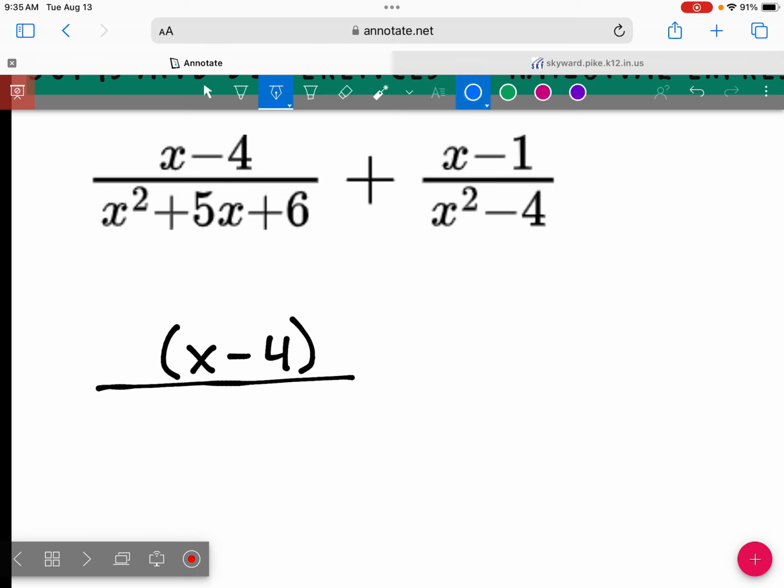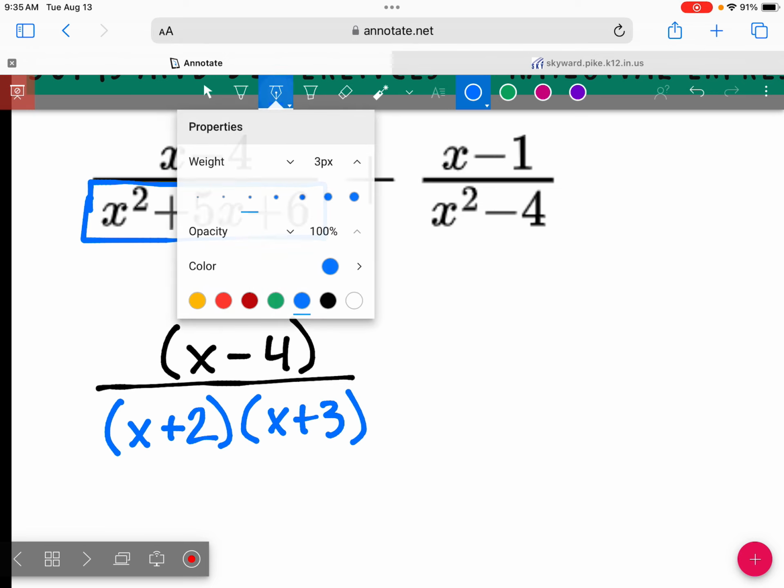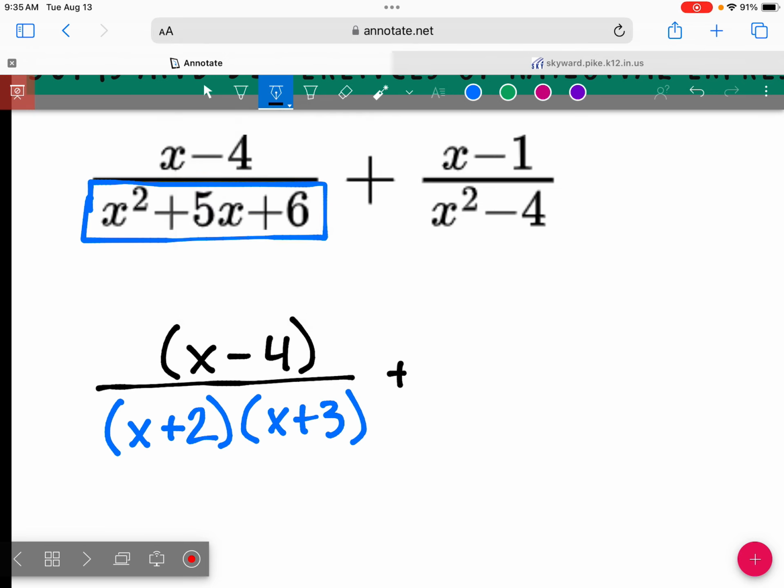How is my denominator going to factor here? So multiplies to make 6, adds to make positive 5. We have x plus 2 and x plus 3. On the right-hand fraction, my numerator won't simplify.